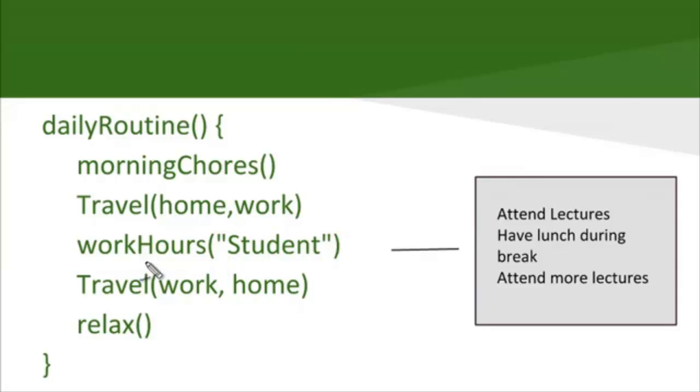And your work hours, depending on what you are, consist of different things. So when you are a student, they consist of attending lectures, having lunch during break, and attending more lectures. And I might also write bunking lectures here. So that's what you do in your work hours.